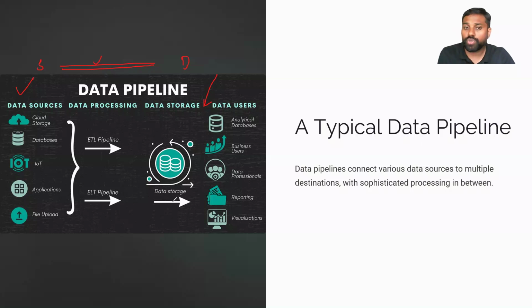And here we also have the data destinations, which are typically categorized into two different varieties, depending on what kind of actions we are designing in our pipeline. The pipelines can be called ETL pipelines or ELT pipelines.